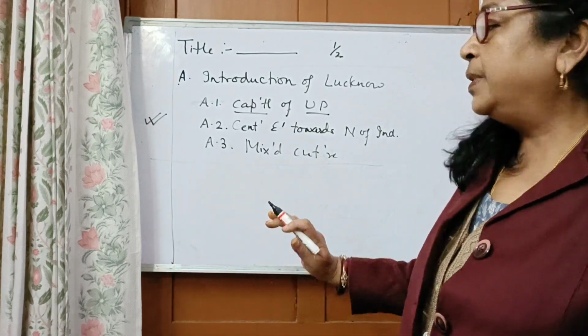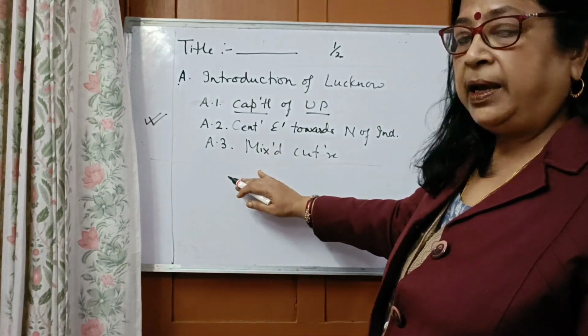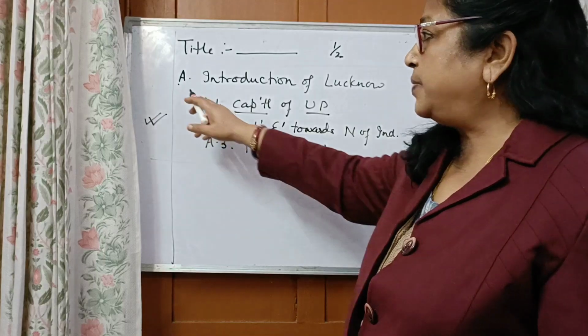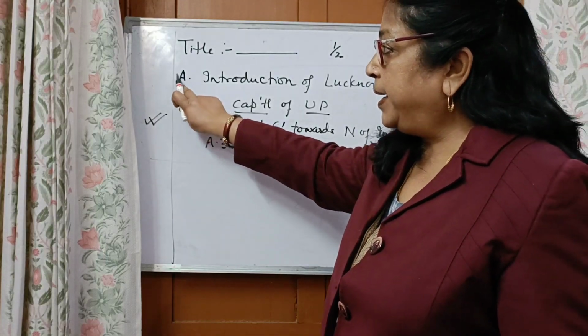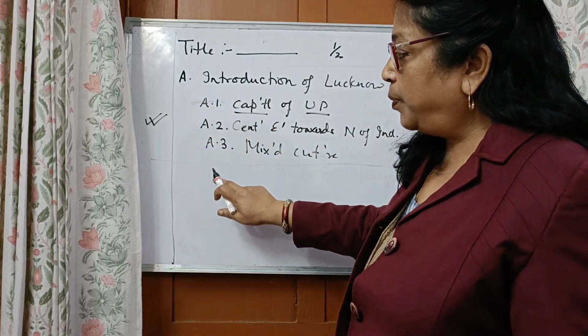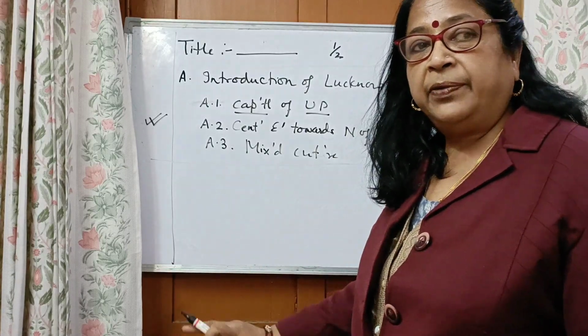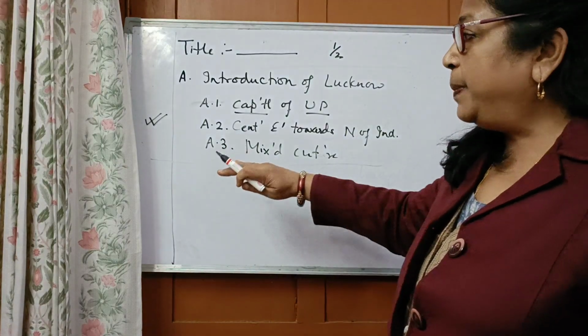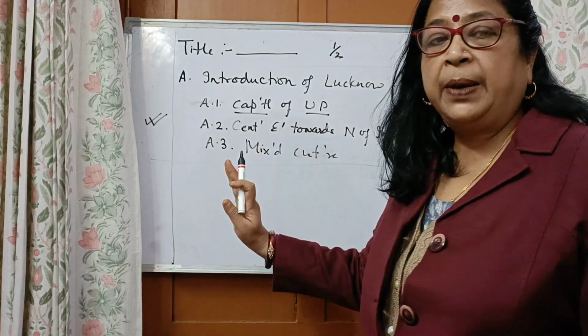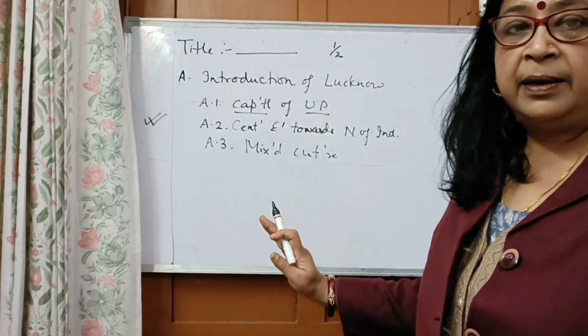You can have 5 or 6 only, because that doesn't look nice if you give A here and A.1, A.2, A.3, and you continue to, like certain students do, A.11. That is not correct. That means you have covered more than one point under one subheading.